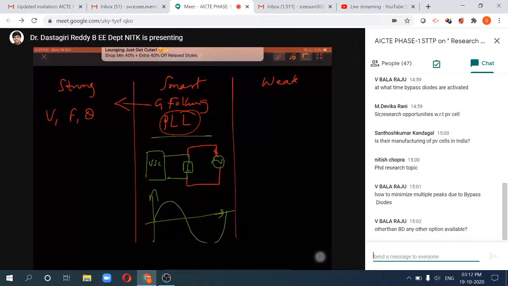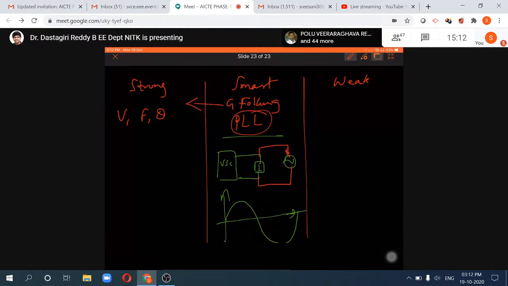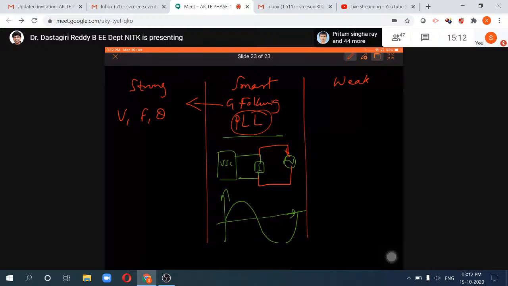Is a simple PLL more than enough, or not enough, or what is the problem that you get if you rely on a single PLL? For example, you are feeding the load with certain voltage, frequency, and theta, but the red color waveform may be, let's say, something like this at the time of turning on the PLL.